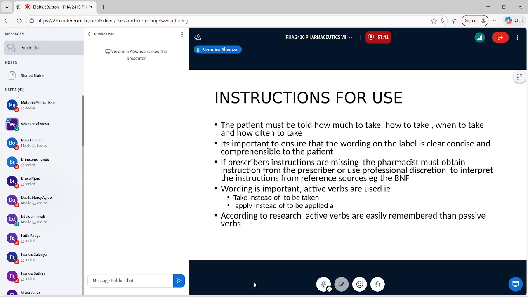We are saying apply, okay? Apply this to the affected areas twice a day, okay? According to research, active verbs are more easily remembered than passive verbs, okay?